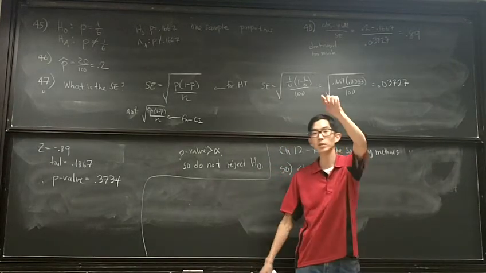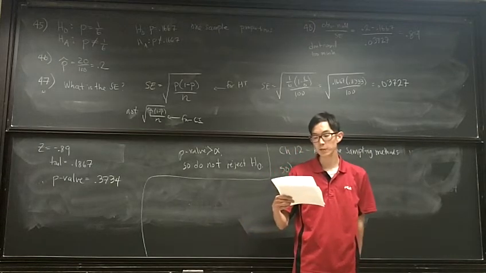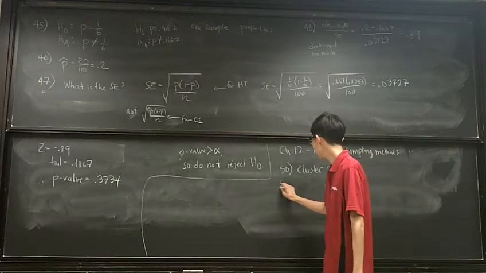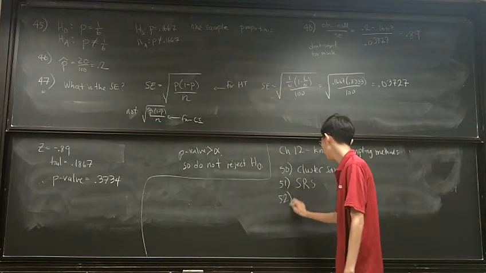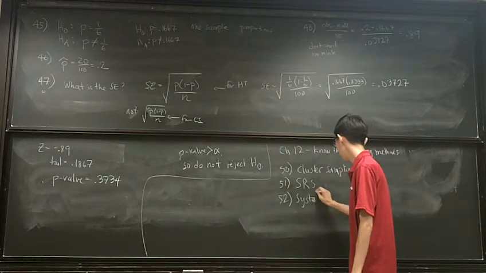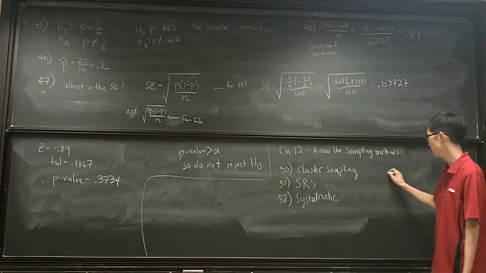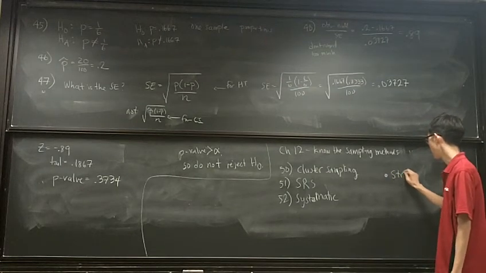Can you repeat 52, please? 52 is systematic, okay? So again, the 4 options: 50 is cluster, 51 is simple random sampling, and 52 is systematic. And not seen, but maybe also there, is stratified.